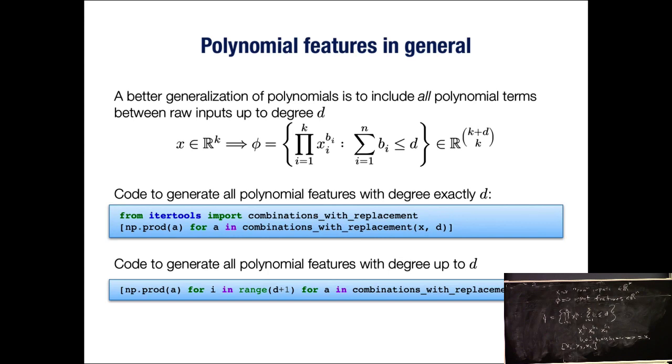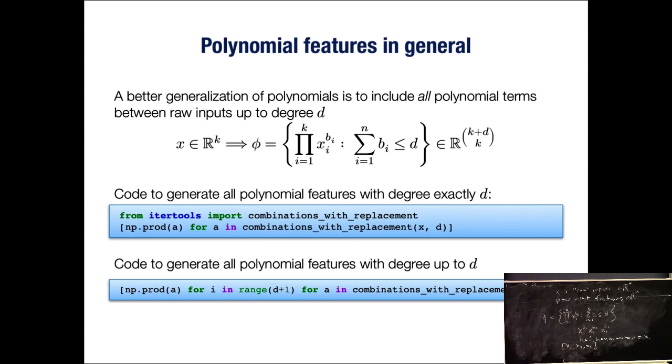If I want all the things with degree up to d, I just do a double loop here where I iterate i in the range of d plus 1. I want to have degree d exactly, so I use d plus 1. And then use the combinations of x with i different elements selected. By the way, this is a little shorthand: you can do these nested loops in a list comprehension, where if you want one single list over two things, you can have two for clauses.